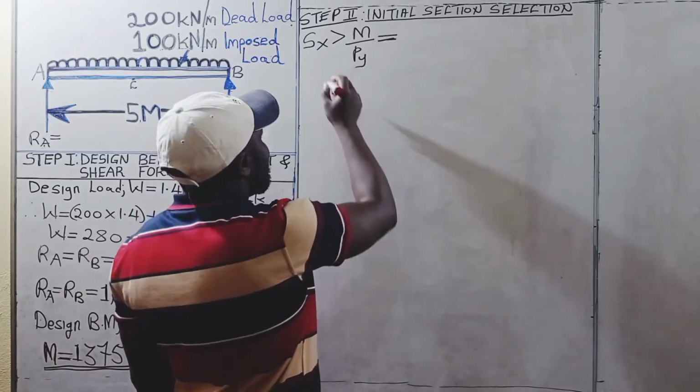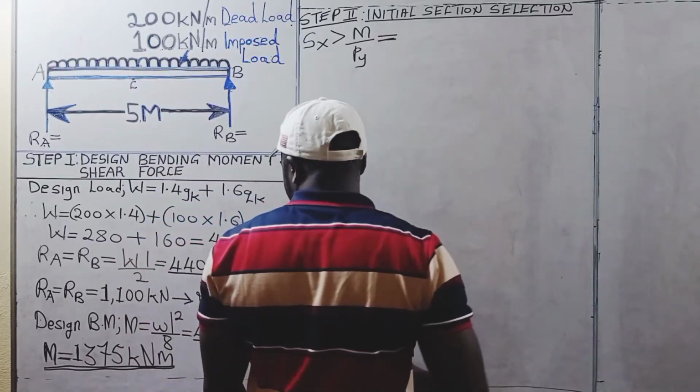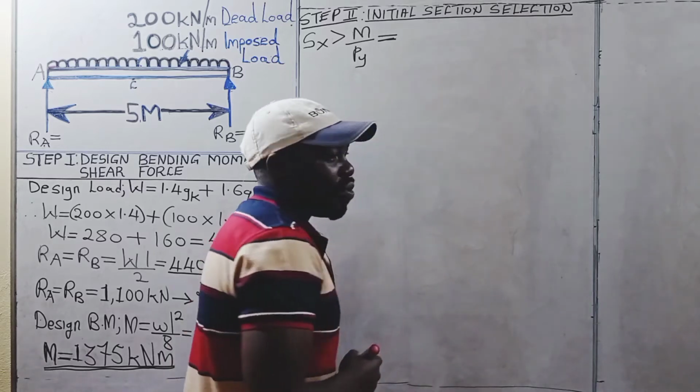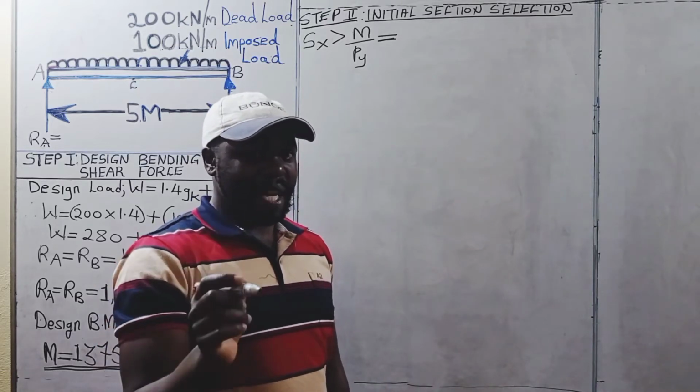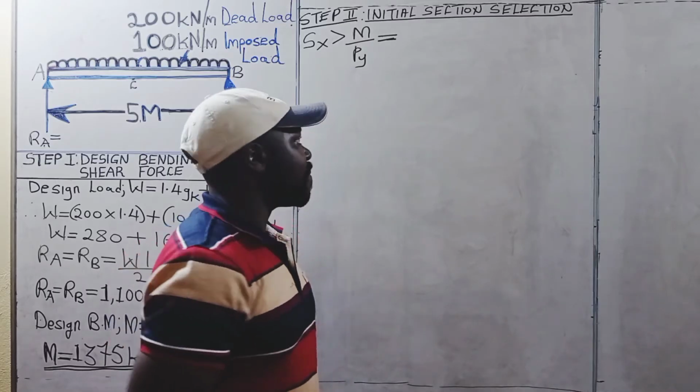Therefore, the plastic modulus will be given by the design bending moment, which is 1375 kilonewton meter. We need to convert that to Newton millimeter. Therefore, we multiply 1375 by 1 million.